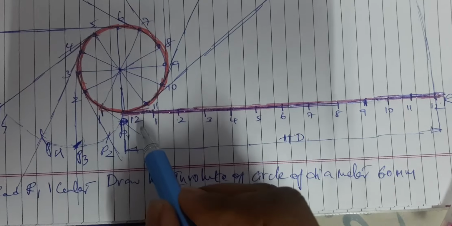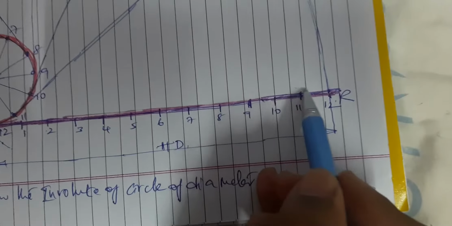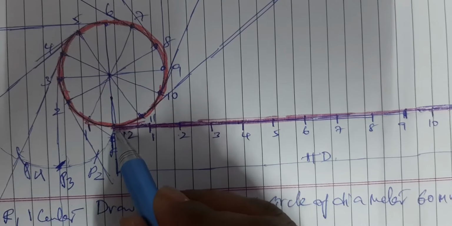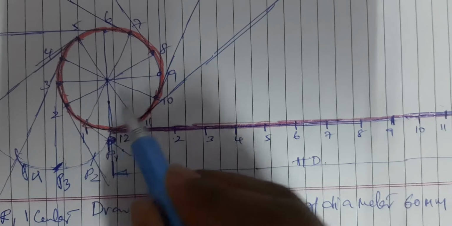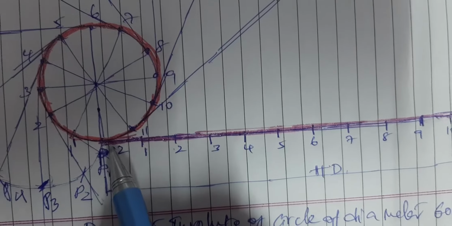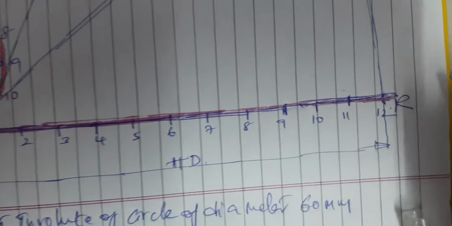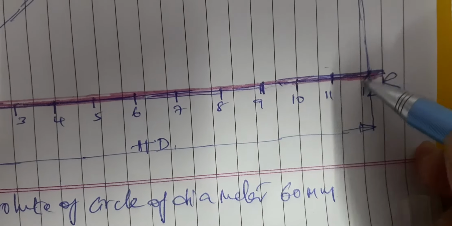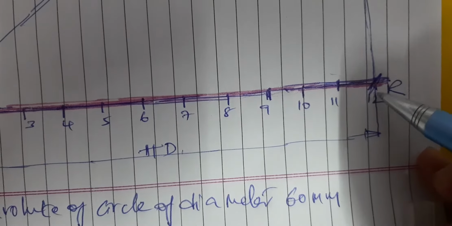So check the last step. P12 as radius, next 12 as center. We need to draw the arc to cut the right angle line drawn from 12. So when you draw the arc, it is going to cut the line exactly at 12.